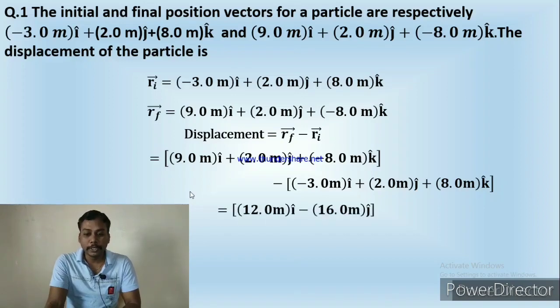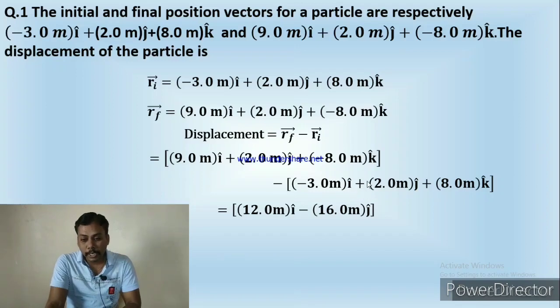If we subtract it here, remember one thing: the coefficient of i is subtracted only from the coefficient of i, j from j, and k from k. So in the first term, 9.0 meter i cap minus of minus 3, this minus minus becomes plus, so 9 plus 3 becomes 12 meter i cap.